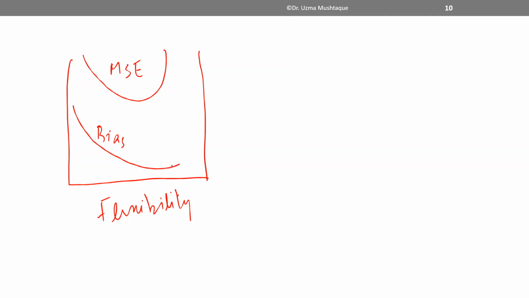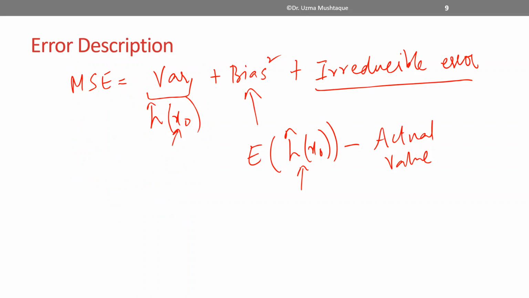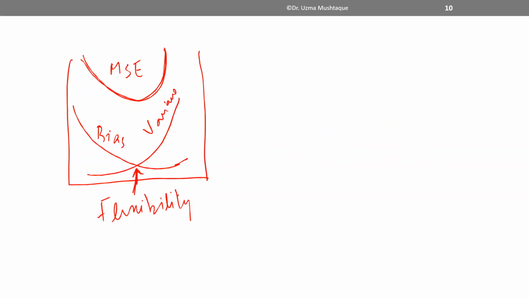Bias tends to decrease when flexibility increases, but as flexibility increases, as I tend to overfit, my variance will increase. And this trade-off exists, and essentially we as model builders are trying to find this point, because bias plus variance leads to this mean squared error curve. We saw that here. That's what the equation tells us, right? And so we are essentially trying to find the model that lies somewhere here, right?